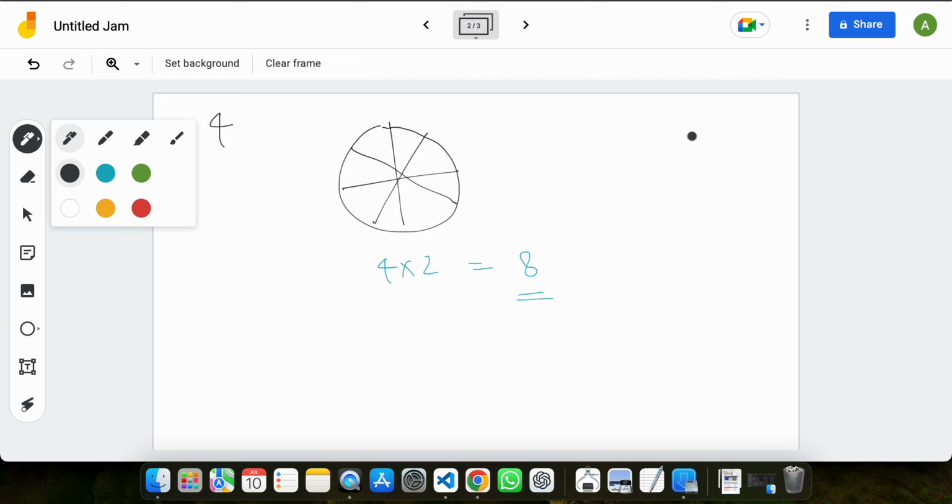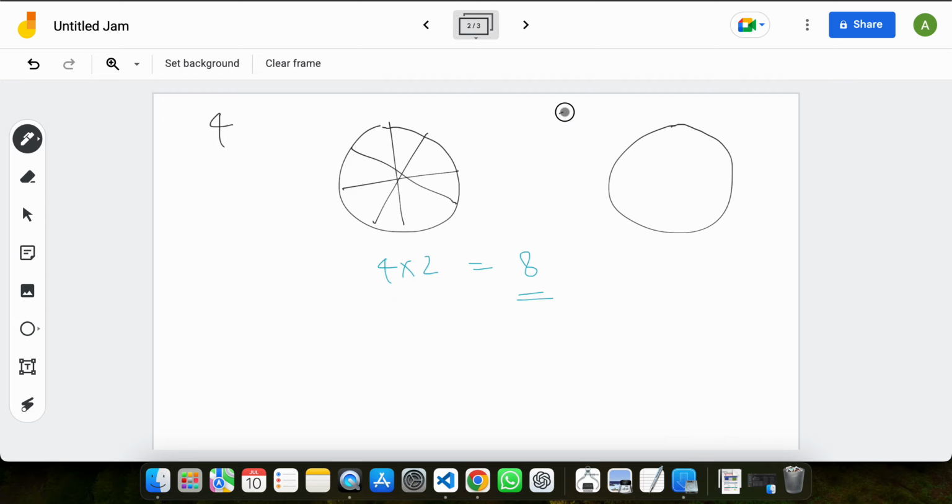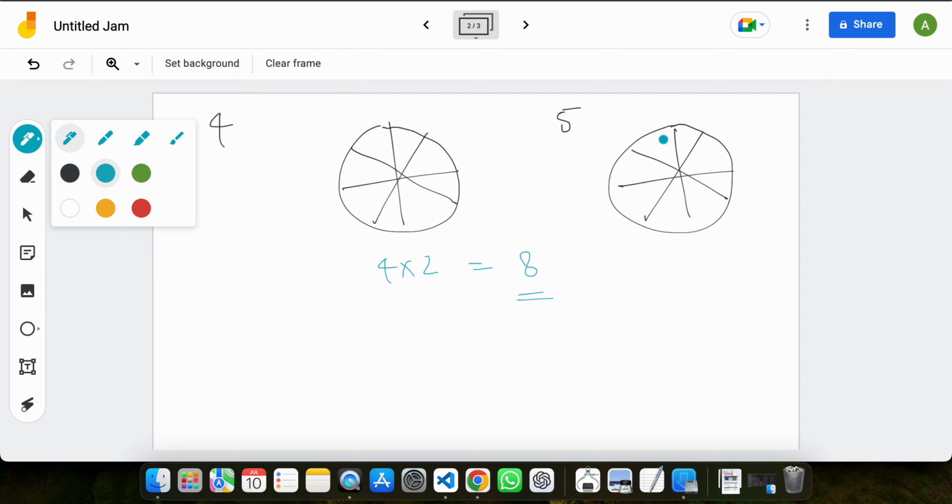If we draw one more line, meaning 5 lines like this, 1 2 3 4, and somewhere here I am drawing another fifth line like this, then we'll get some output other than 0, because the number of slices here is 5 into 2, 10. So 10 is a number which is not a power of 2.